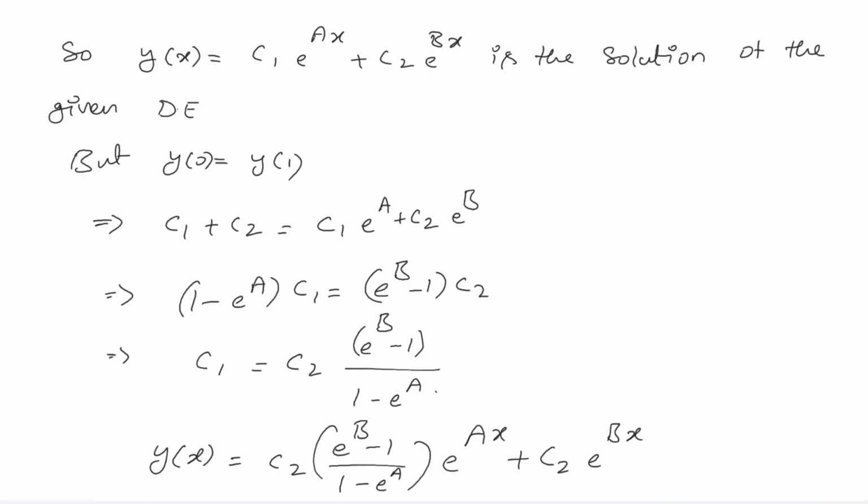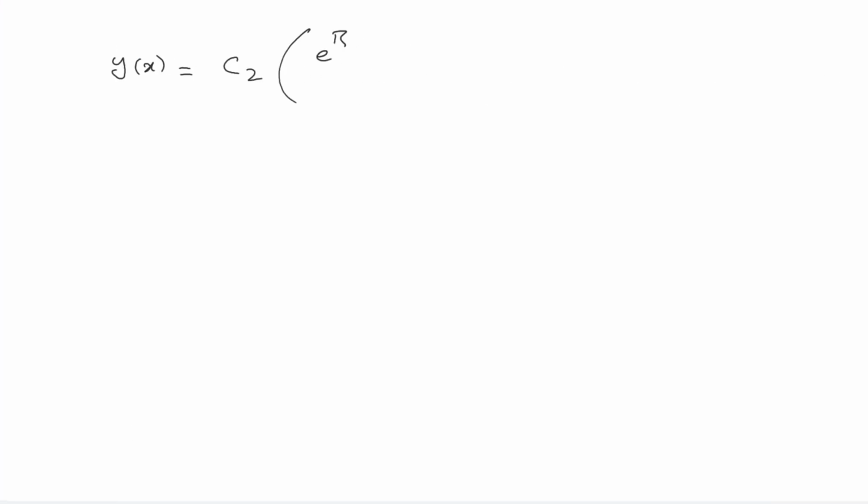And from this y of x is nothing but c2 times [(e to the power of b minus 1) divided by (1 minus e to the power of a) times e to the power of ax plus e to the power of bx].